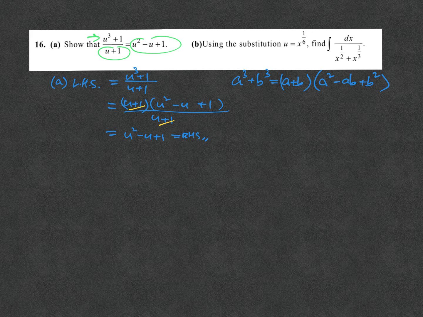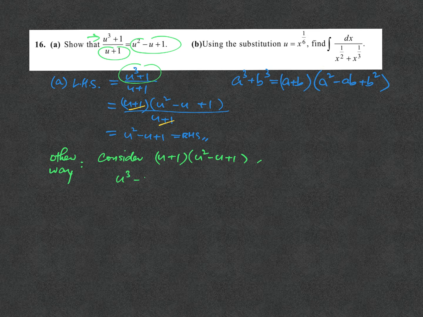So as a result, another way I'm going to show you is, instead of recalling the identity of u cubed plus 1, we will consider u plus 1 multiplied to u squared minus u plus 1. It's just simple expansion. And you will see that it's u cubed minus u squared plus u squared minus u plus 1, and that's why you have u cubed plus 1.